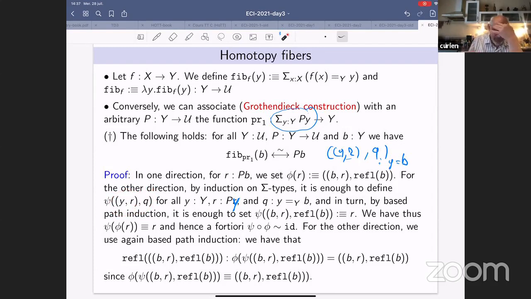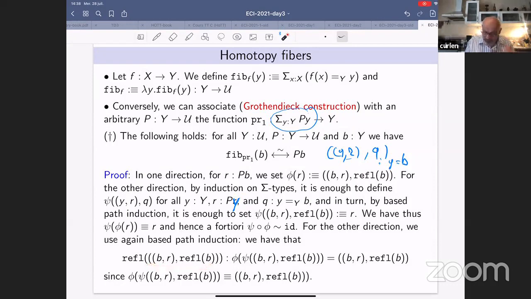But again by base path induction, because here y and q are varying freely, it's enough to do it for the case (b, r, ref b), for exactly the same reason. So we have to check that phi of psi of (b, r, ref b) is equal to (b, r, ref b).